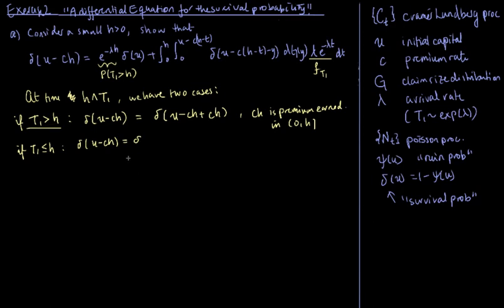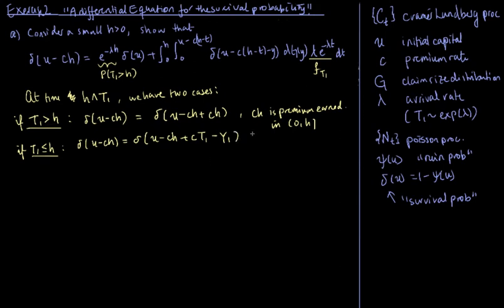Because then we only have information up until the time when t1 occurs, and at time t1 we will start a Cramér-Lundberg process anew, where the initial capital will then be u minus ch plus c multiplied by t1. This is the amount that we have earned in premium from time 0 to t1. And apart from that, we also have to pay out a claim, the first claim which arrives at time t1, which is y1.